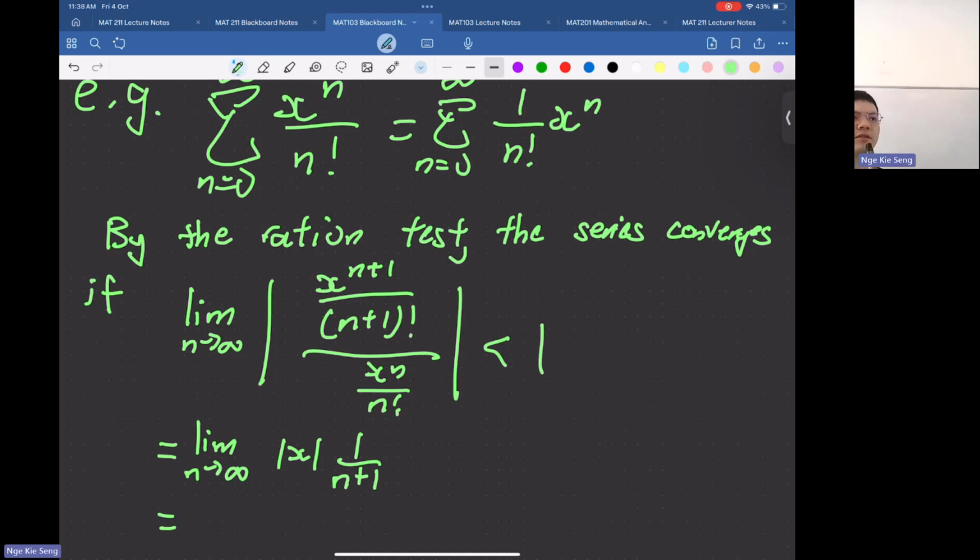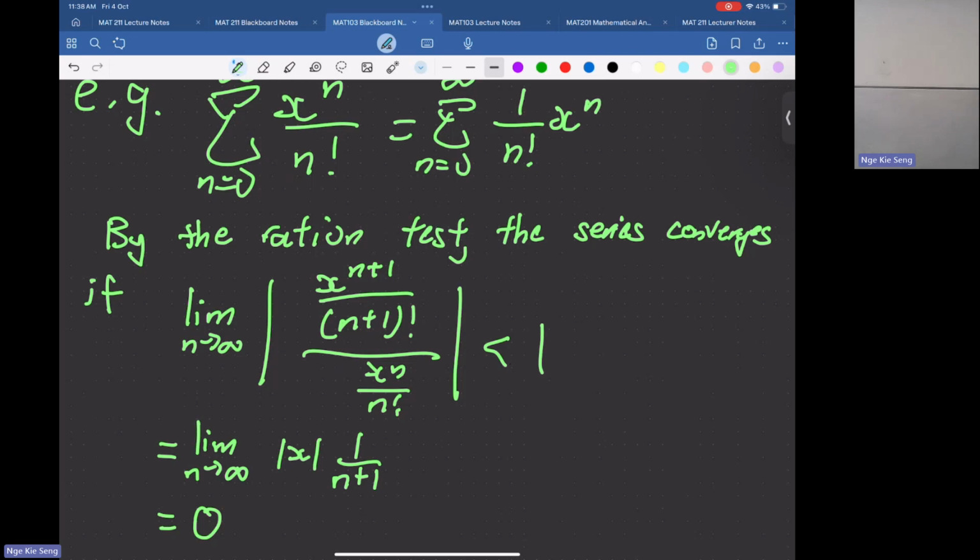Scalar times 1 over n plus 1 is 0. But 0 is always less than 1, correct or not? What does it mean? No matter what x you put in, no matter what scalar you put in, the left-hand side is always 0.